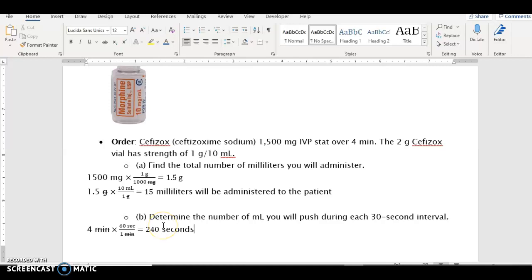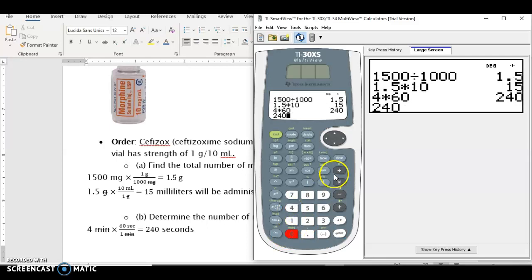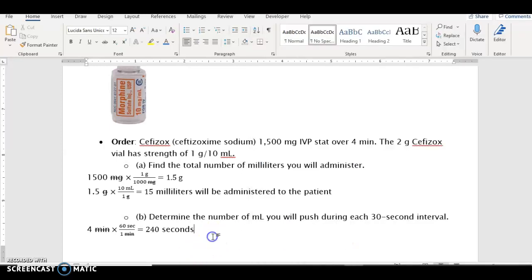All right, so to figure out how many 30-second intervals there are in 240 seconds, we're going to divide that by 30. So 240 divided by 30 is equal to 8.